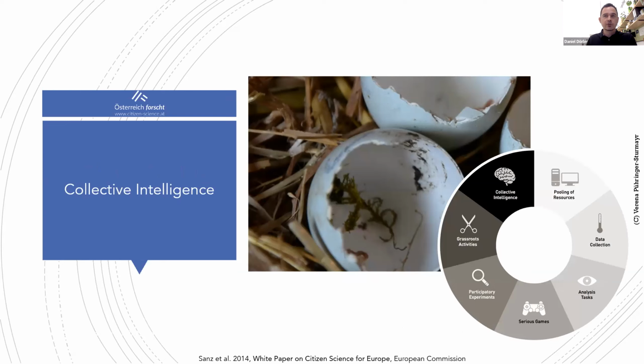In collective intelligence projects, they usually happen online, and people analyze pictures, classify videos, describe videos, for example. The probably most famous platform for such projects is Zooniverse, where you can find really hundreds of such projects.